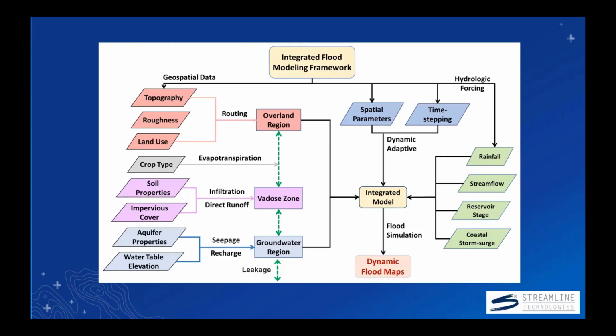And that's mostly how we're communicating between the surface and the groundwater is through that unsaturated zone. We use various types of data to force the model: rainfall, ET type data, boundary conditions, a coastal surge. And then we have an adaptive time stepping algorithm where we can vary the time step not only temporally but spatially. And all of that goes into this integrated model. And from there, we can develop dynamic flood maps.